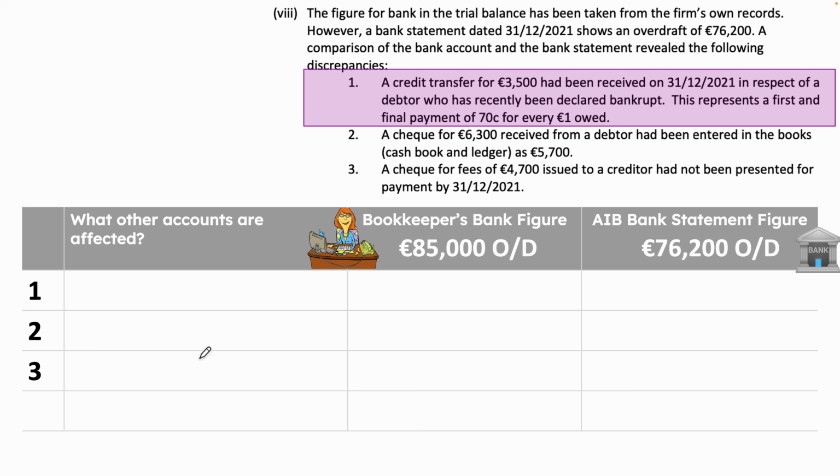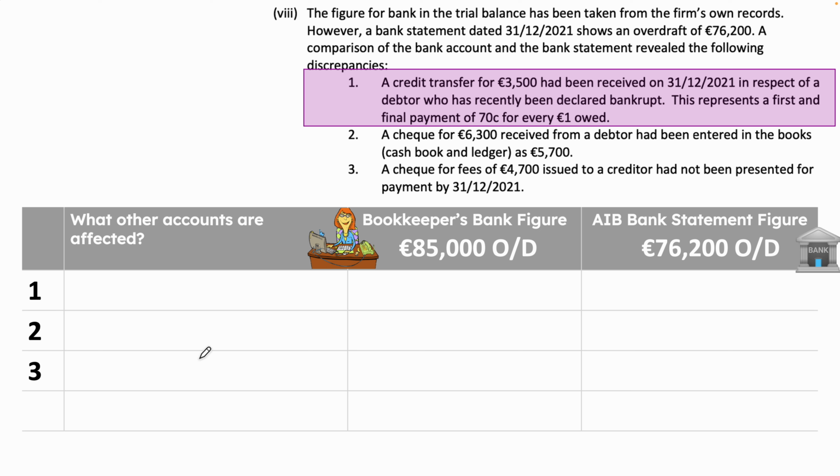So number 1, a credit transfer for 3,500 had been received on the 31st of the 12th, 2021 in respect of a debtor who has recently been declared bankrupt. This represents a first and final payment of 70 cents for every €1 owed.